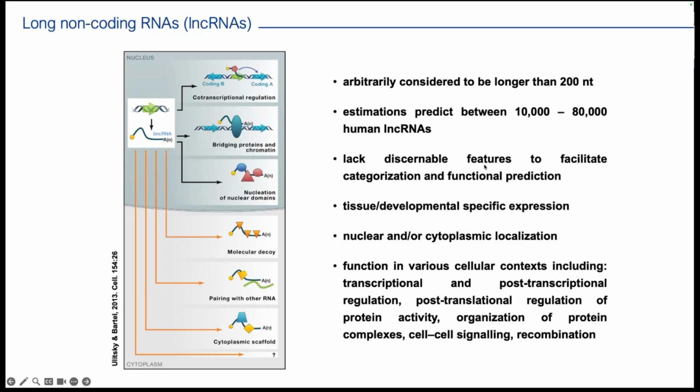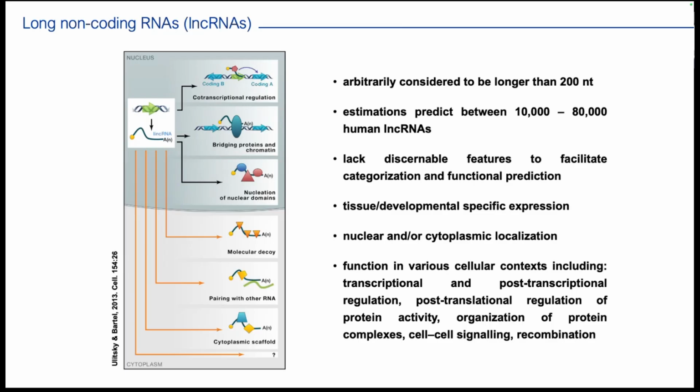They don't have specific features nor specific mechanisms of action, so that's why it's so difficult to understand their function, their mechanisms, and their number as well, because they have different mechanisms of action. So they can act as scaffolds. They can regulate regions in the genome. They organize protein complexes. So very diverse functions. It's not like the microRNAs, where we know the mechanism of action.